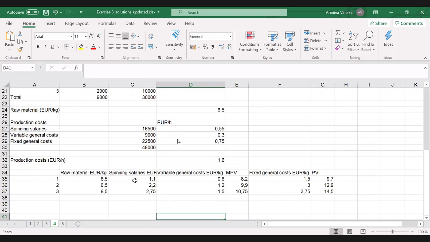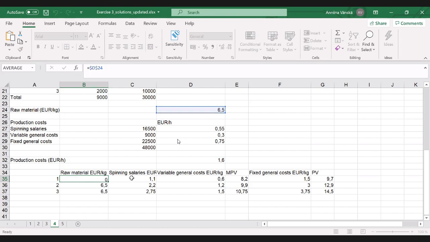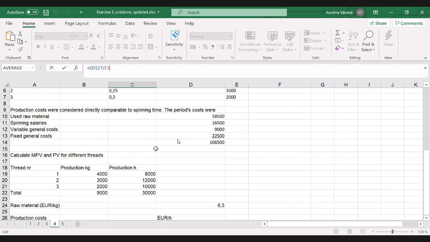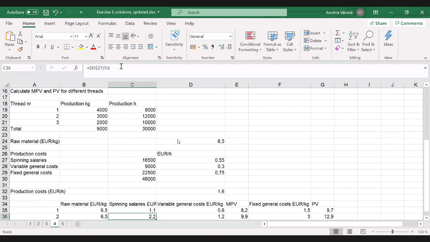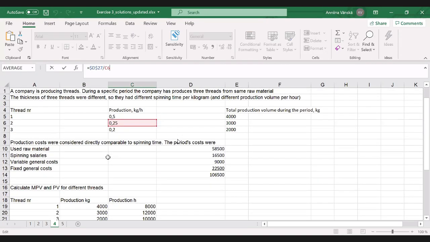Then we move on to what are those per different threads. We knew the euro per kilo for each of them, as they are using the same raw materials, is 6.5, the one that was calculated here. Spinning salaries. Now we have the price tag for the salary per hour, and then using for each of the threads their production time, and this is naturally varying per product.